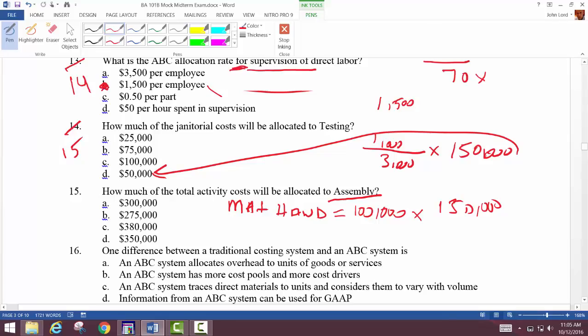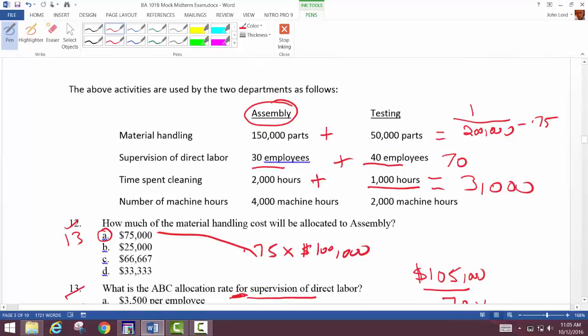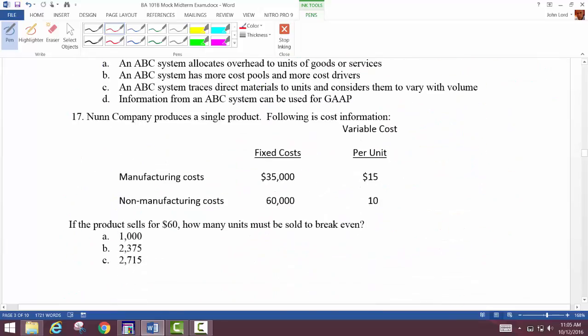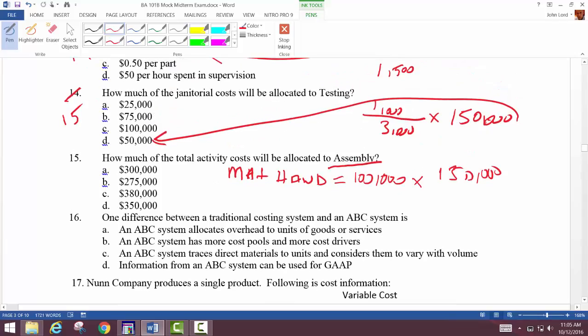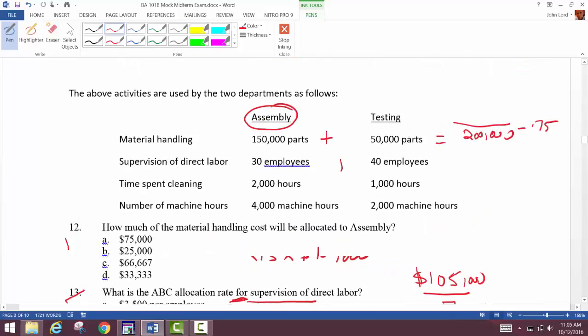So 150,000 parts being used by assembly out of the total 200,000. I'm just writing this again. That gives me 0.75 times the 100,000, which gives me 75,000, right? Good. Then I have to do the same thing now for supervision.